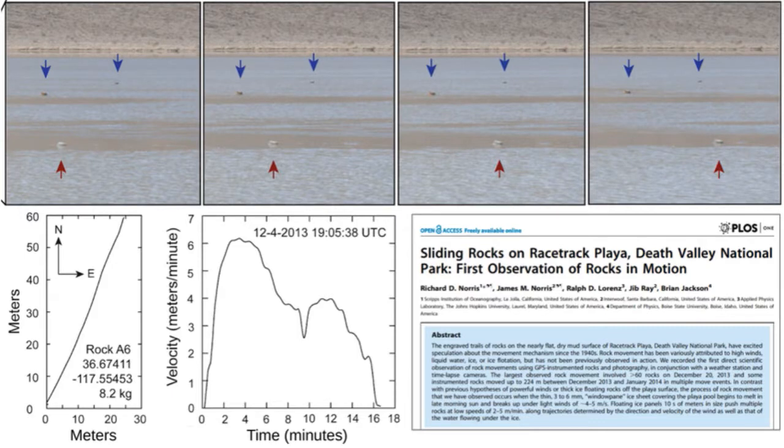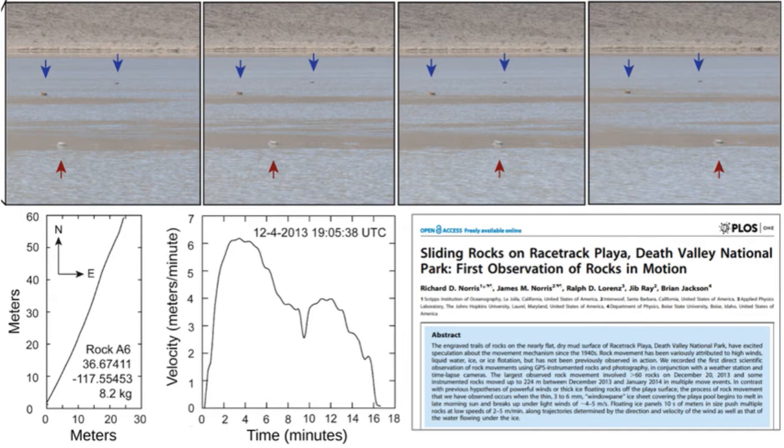We actually have motion diagrams for the sailing stones. They come from a recently published article in PLOS One, which is an open access journal. The figures that you're looking at here show the sailing stones moving across the racetrack playa in Death Valley National Park.